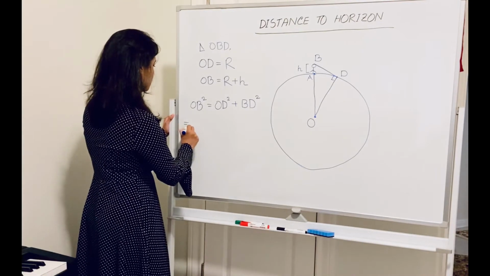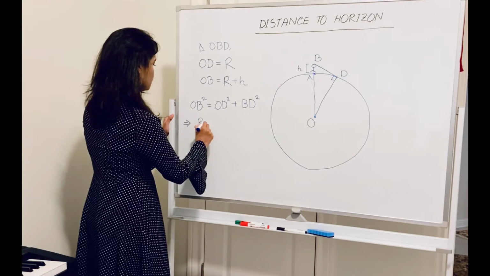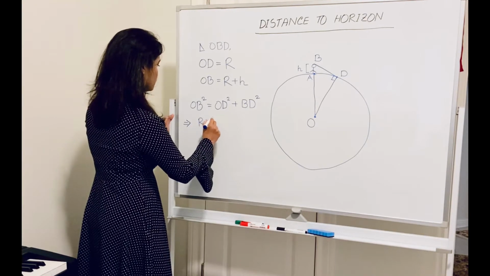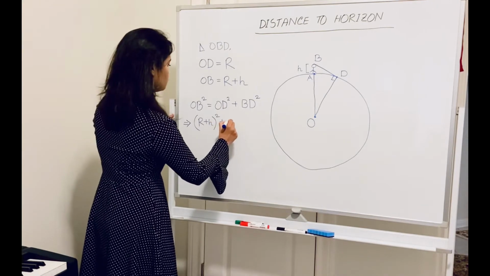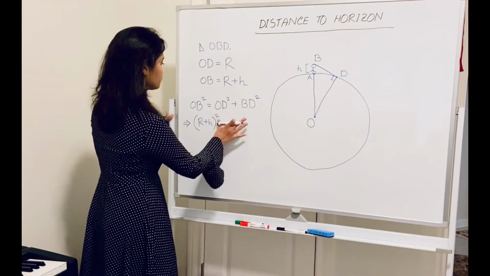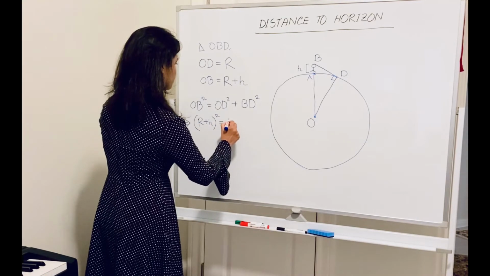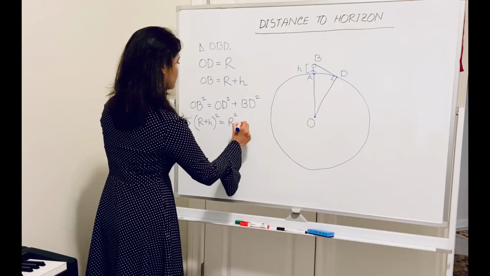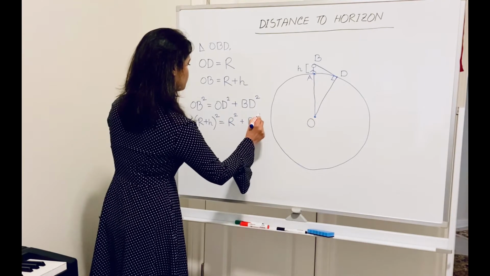So for OB squared, I can say (R plus H) whole squared, equals OD squared, which is R squared, plus BD squared, which is still unknown to us.